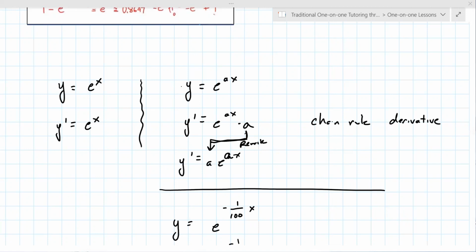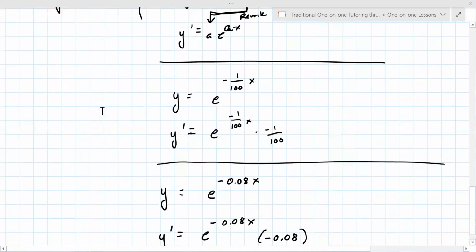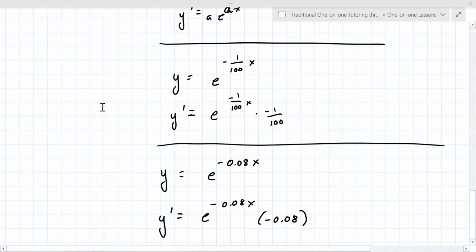Okay. And then you have down there y equals e to the negative 0.08x. Then you have y prime that is e to the negative 0.08x times negative 0.08. And then that's the second. Oh no, then I'm missing one more. y equals e.